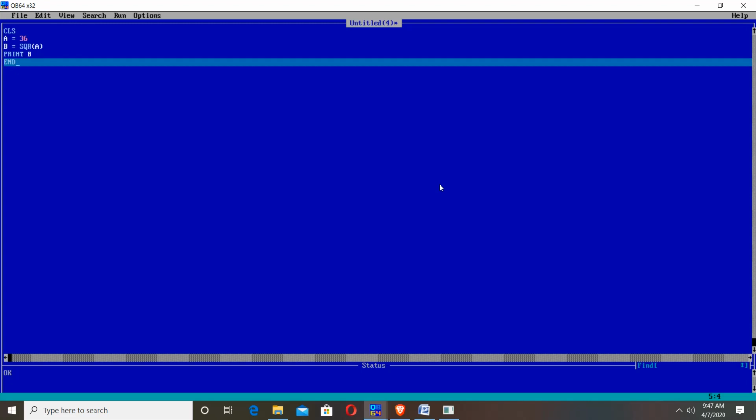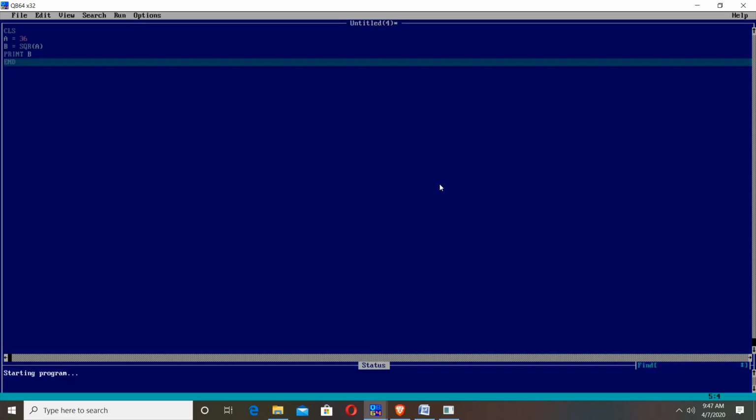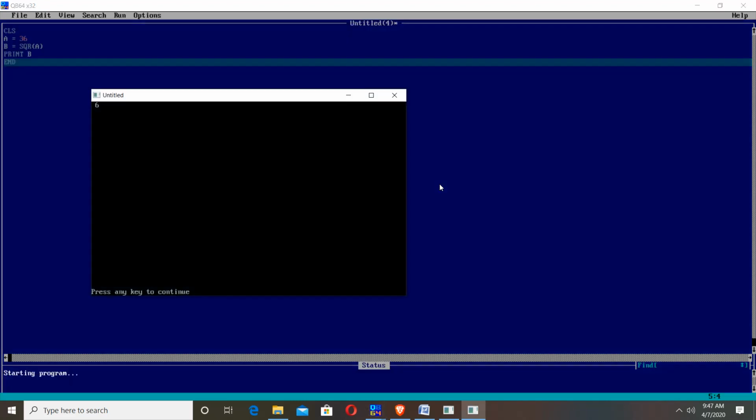Suppose you have entered a number as 36, after that you did B equals SQR(A). Now you print the value of B. Let's check what will be the output. The square root of A, that means it should be 6. Let's press F5 and check it. What is the output? The output is 6. That means the SQR function finds the square root of any number.